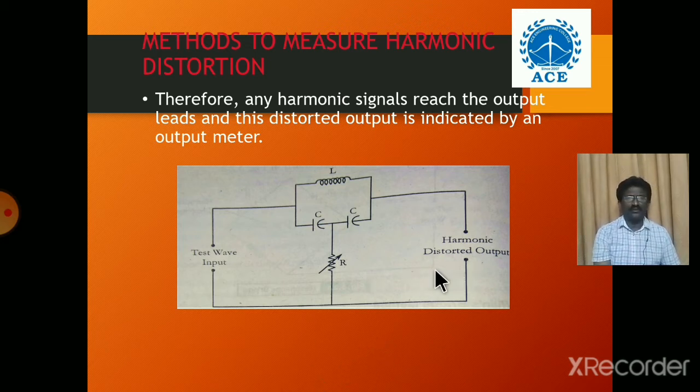Therefore, any harmonic signal reaches the output leads, and this distorted output is indicated by an output meter. At the end of these terminals, you get the harmonic distorted output. So these are the methods to find harmonic distortion; simply, you can call these the harmonic distortion analysis.